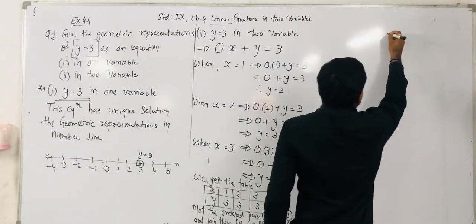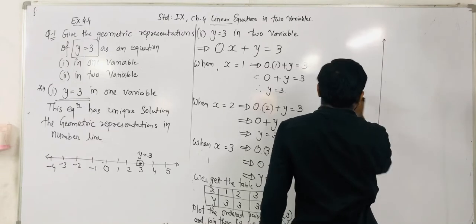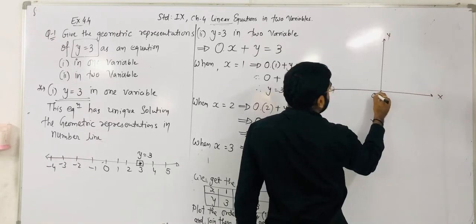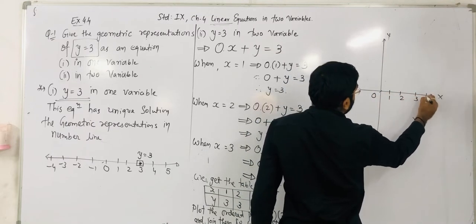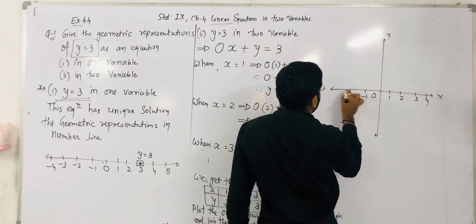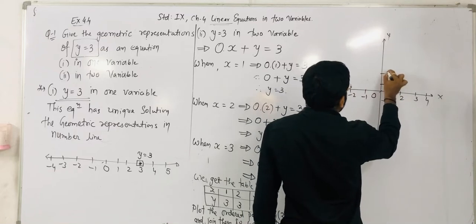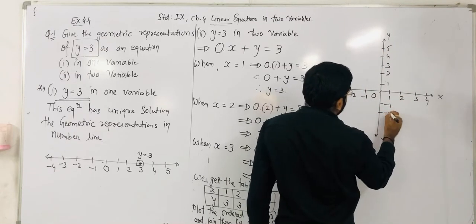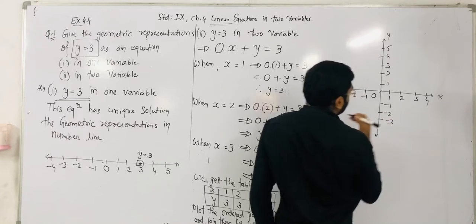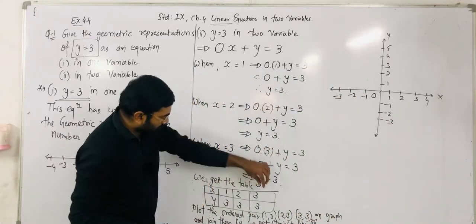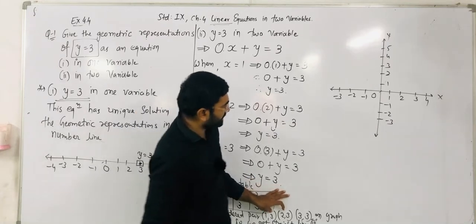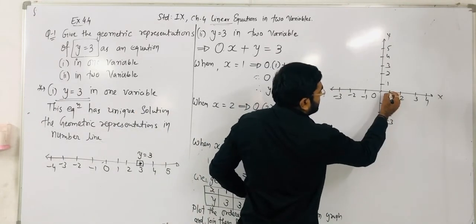We plot those ordered pairs here and draw the graph with the x-axis and y-axis. Here is 0, 1, 2, 3, 4, minus 1, minus 2, minus 3 and 1, 2, 3, 4, 5, and minus 1, minus 2, minus 3. Now the first point we have to plot is 1, 3. So the x coordinate is 1 and the y coordinate is 3. On the x-axis, 1 is here.